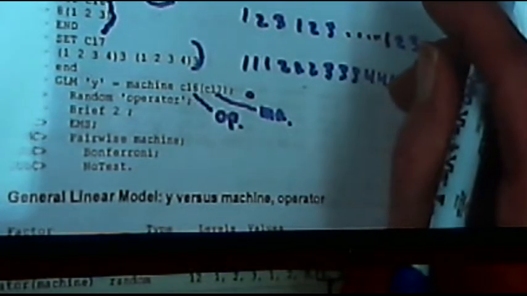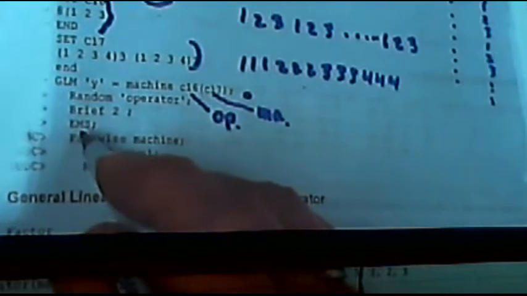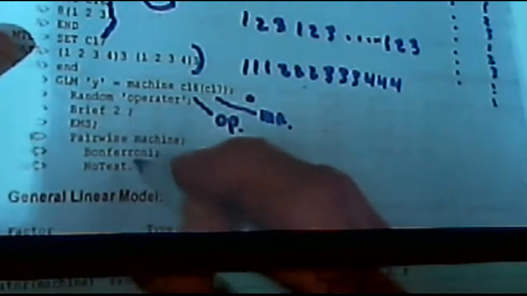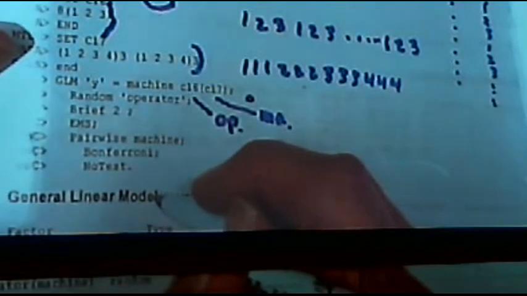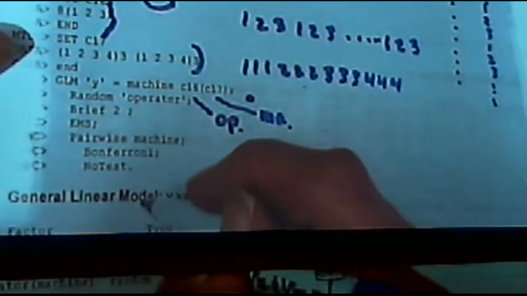So you're telling Minitab operator is nested in machine. Now, I've done subcommands. I've indicated that operator is a random variable. Okay. Brief 2 isn't very helpful. I want to see the expected mean squares. And now what I'm trying to ask for is I'd like to get pairwise Bonferroni information.